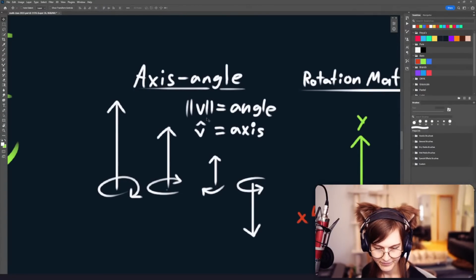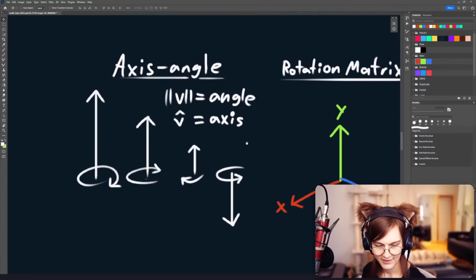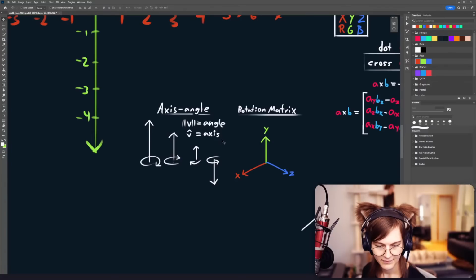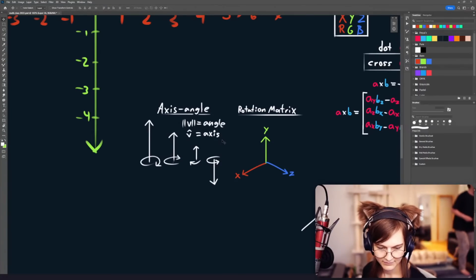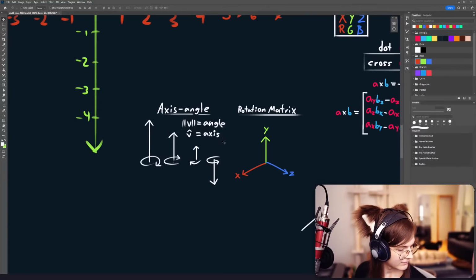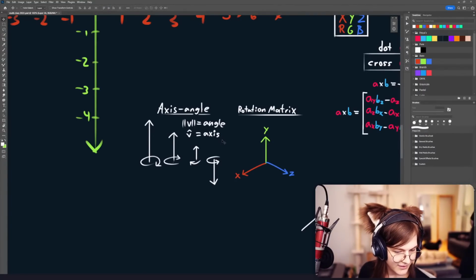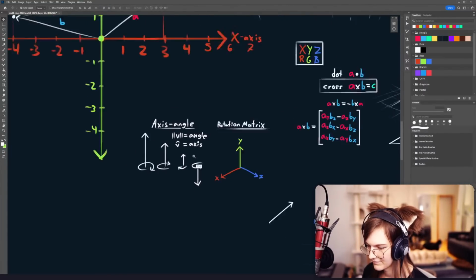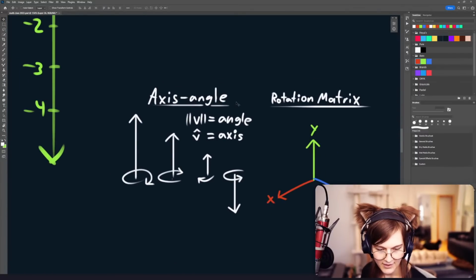Okay. Does that make sense? What is that? Kind of lost with axis angles.